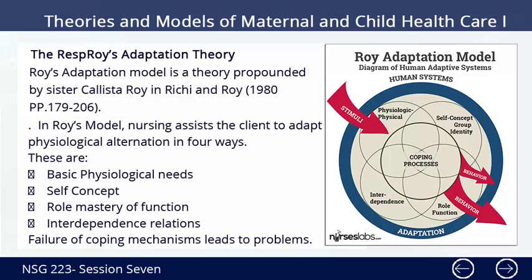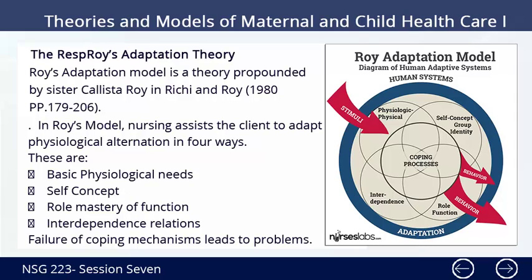Rowe's adaptation theory. Rowe's adaptation model is a theory propounded by Sister Callista Roy, in Riehl and Roy, 1980, pages 179 to 206. This model reflects the general systems theory approach. It explains how an individual interacts with and adapts to the environment to conserve energy and maintain equilibrium.